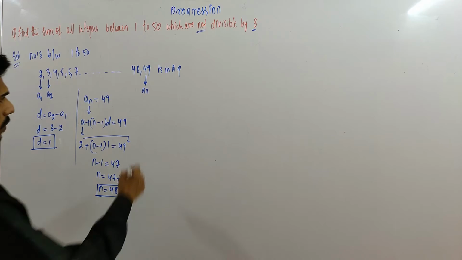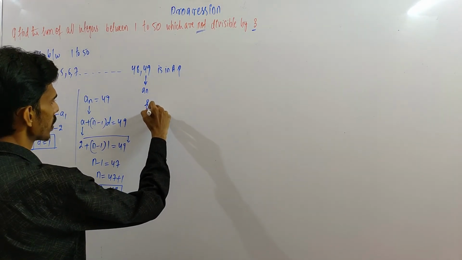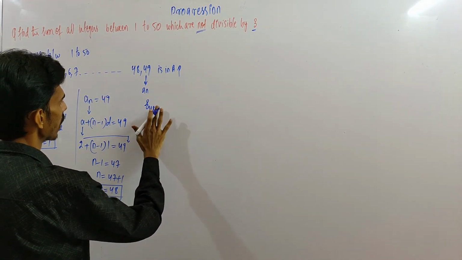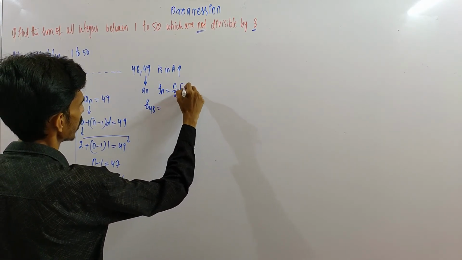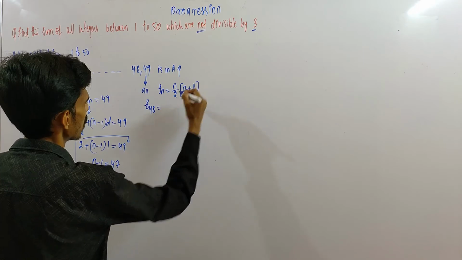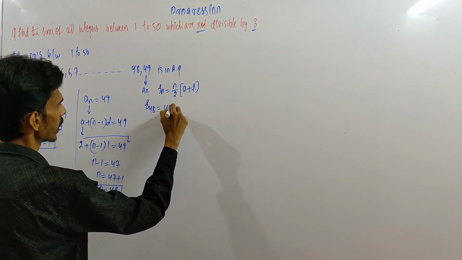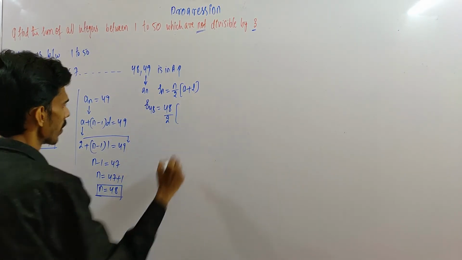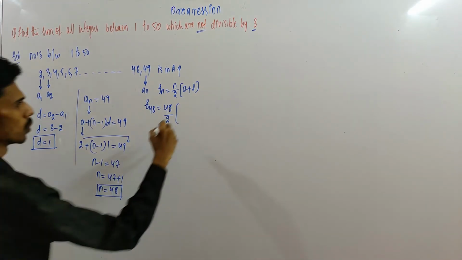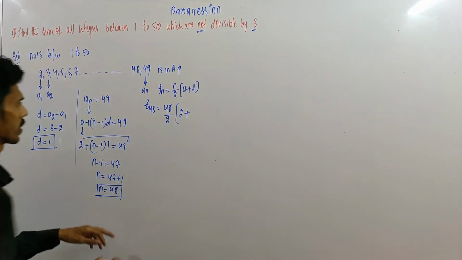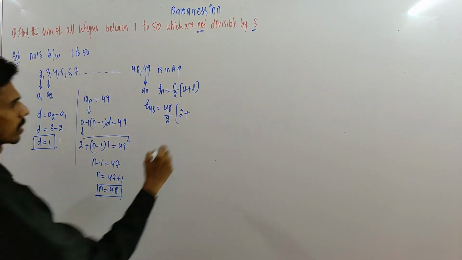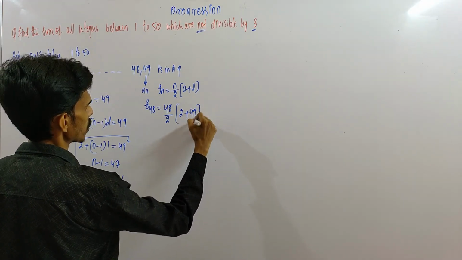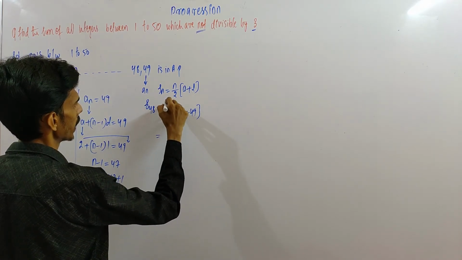Now we will take the sum of these numbers. Sum of these 48 numbers, Sn. Let us denote Sn is equal to n by 2 into (a plus l). So we have S48 is 48 divided by 2. First number we have 2, last number we have 49. So 2 ones are 2, 24s are.